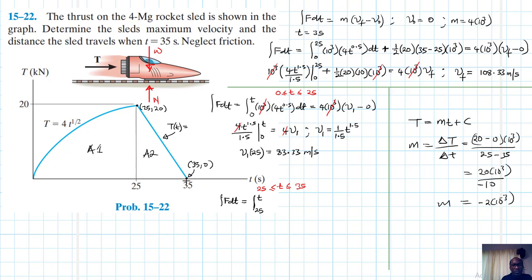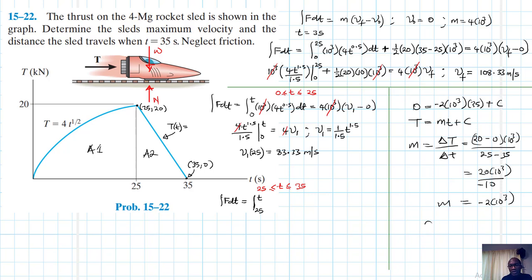So if you pick one point, let's take that one there. This just becomes 0 equal to minus 2 × 10^3, the gradient, times t. Our t there is 35, plus c.